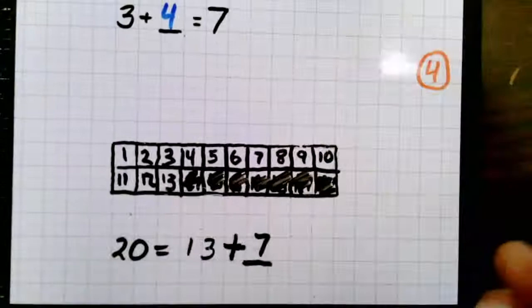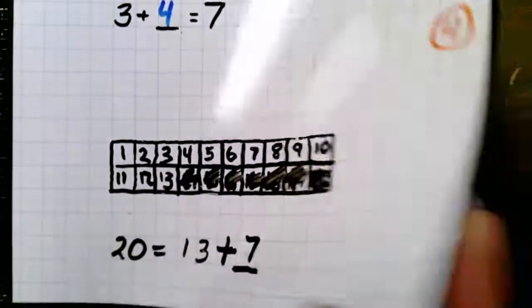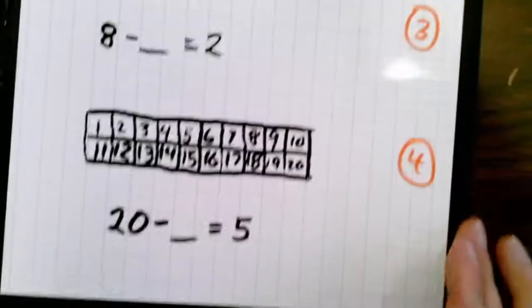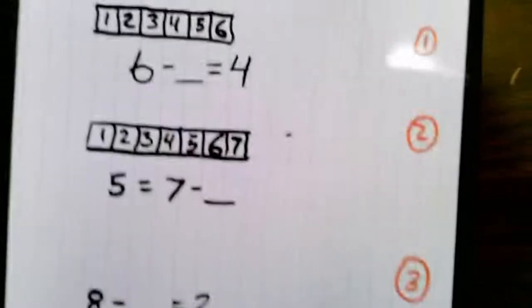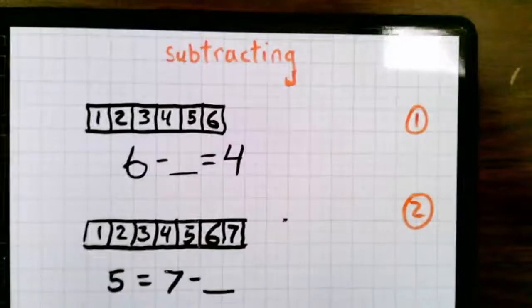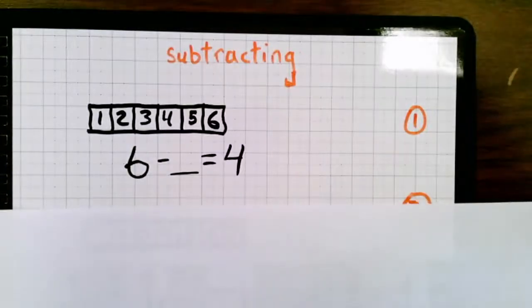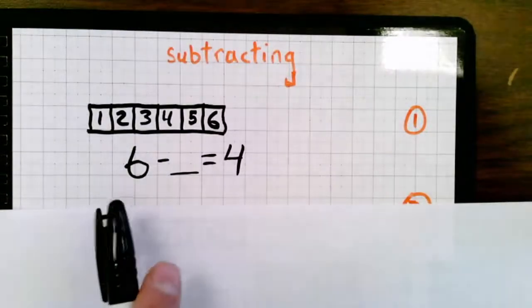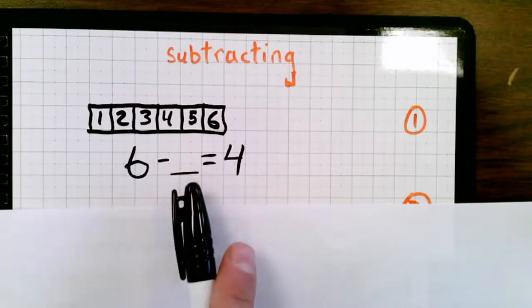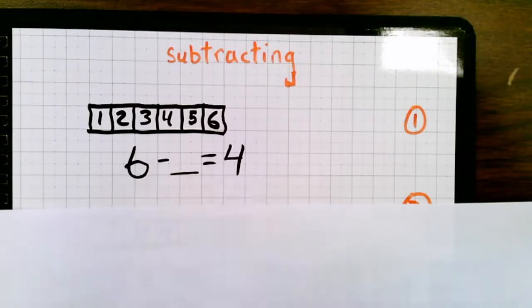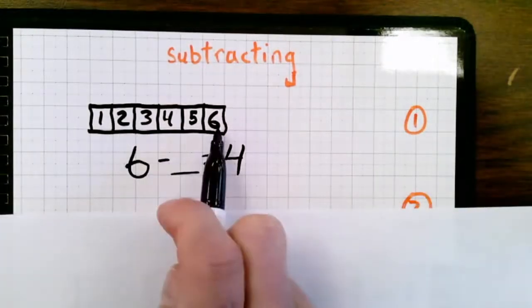But before we finish, I'd like to show you something even harder. We can do similar things with subtracting. We have our question: 6 minus something equals 4. Interesting. Well, in our picture, we have 6.